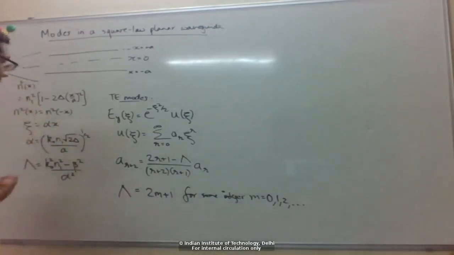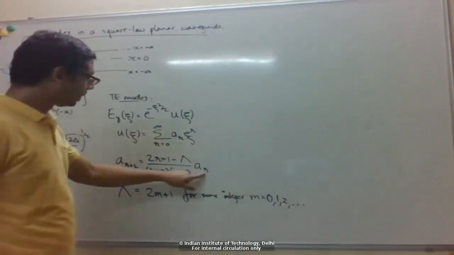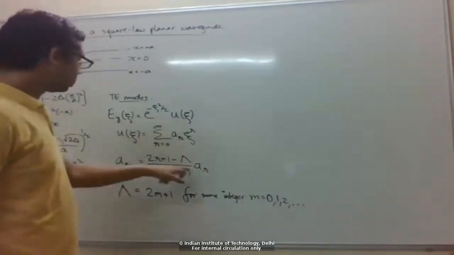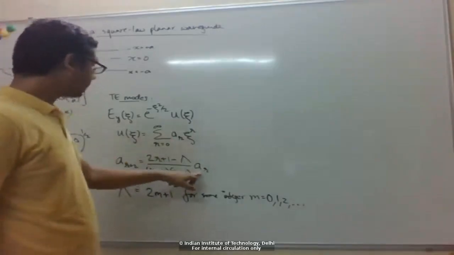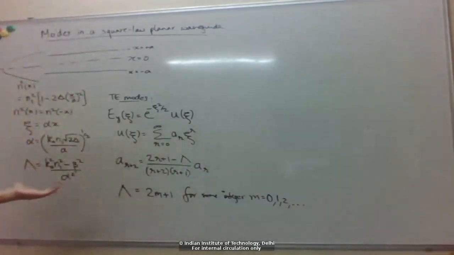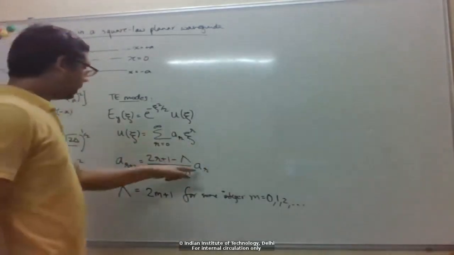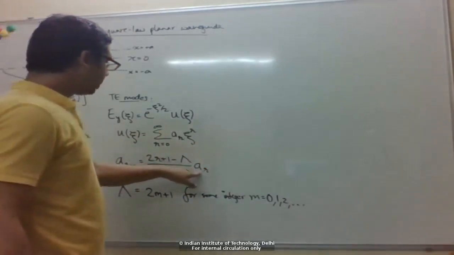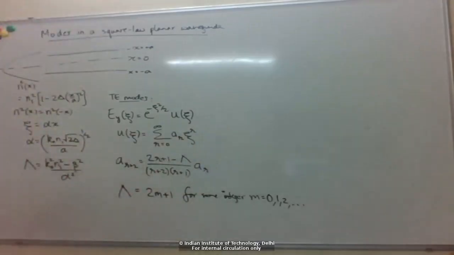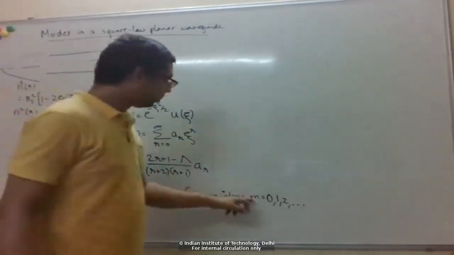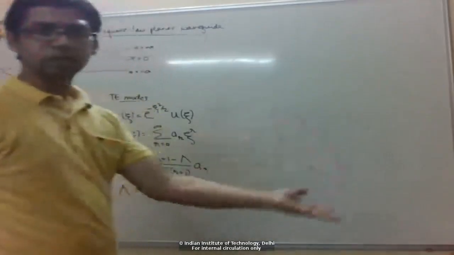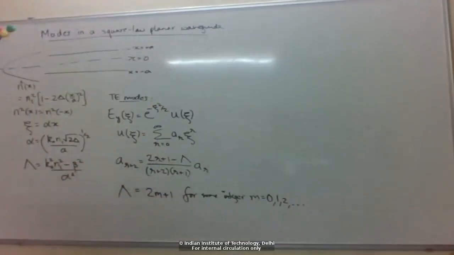If we start with r equal to 1, we get the odd terms, a1, a3, a5, and so on, which correspond to the odd solution. If we start with a0, we get a0, a2, a4, which correspond to the even solution. So the mode index is given by this value of m, with even ones corresponding to the even modes and odd to the odd modes.